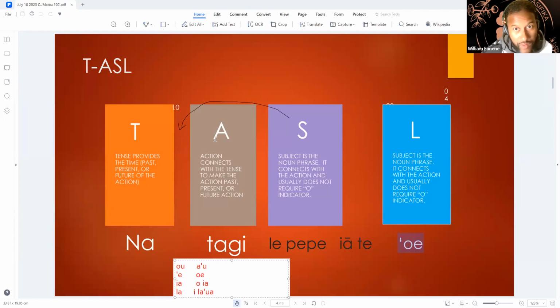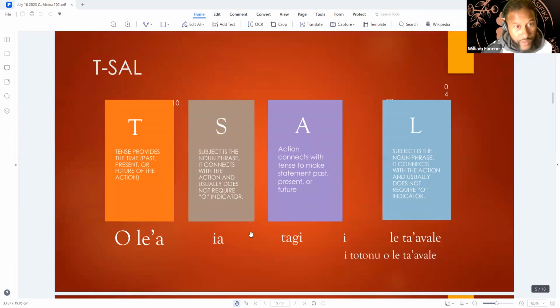So let's go to it. We see it right here: Ole'a iatangi, and then le ta'avale. Le ta'avale is a common noun. Does anyone know what this statement says? Ole'a iatangi le ta'avale.